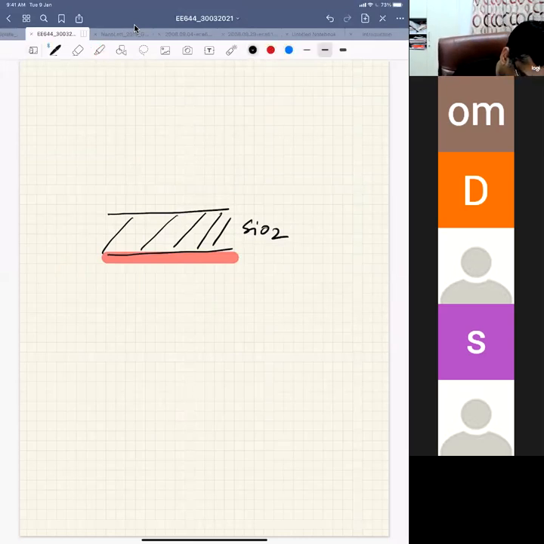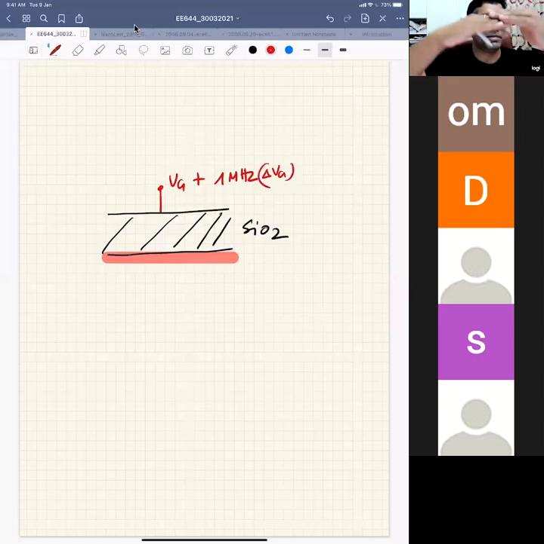But now I have some Vg, and let's say I'm perturbing this with a 1 megahertz perturbation voltage. So this delta Vg is varying at 1 megahertz, right?